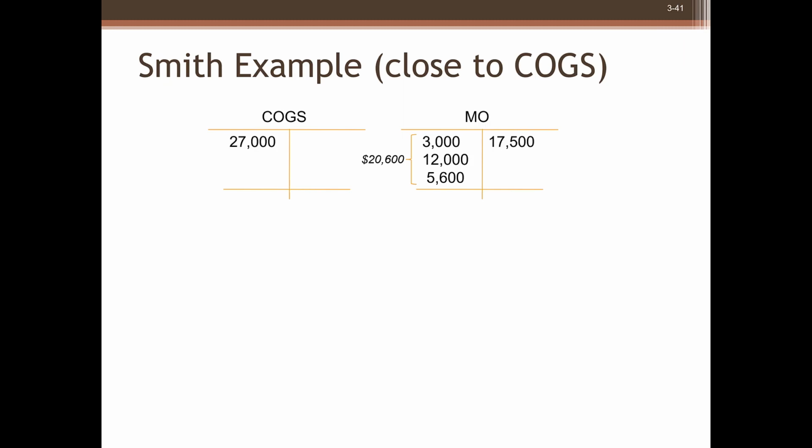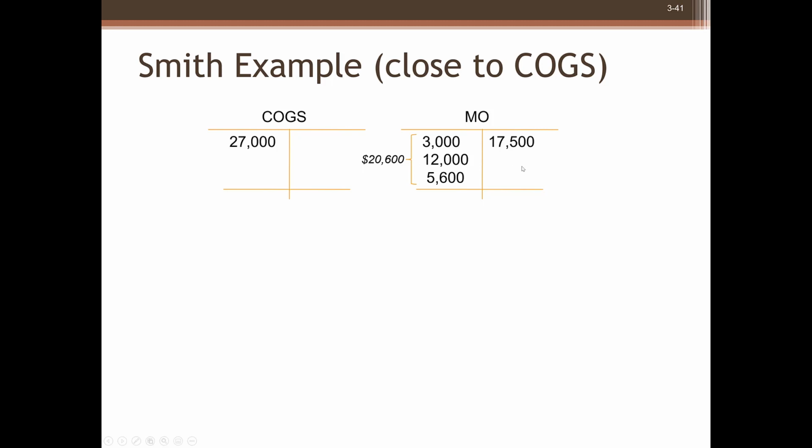Let's go back to Smith's example. For manufacturing overhead, we just calculated applied MO, 17,500. And the company has incurred actual MO. If we add up the three totals here, you will get 20,600. Applied MO is less than actual MO.